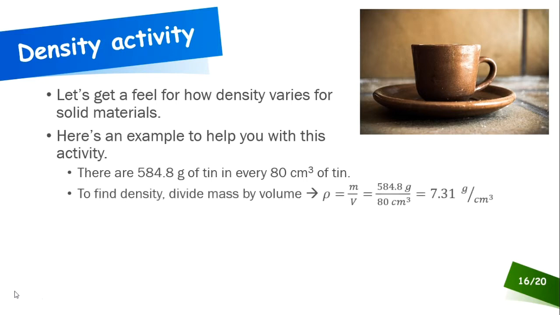Well, remember, density is just mass divided by volume. So we take the mass, 584.8 grams, and divide it by the volume, which is 80 cubic centimeters. And we get 7.31 grams per cubic centimeter. And that's all there is to it. So the density of tin is 7.31 grams per cubic centimeter.